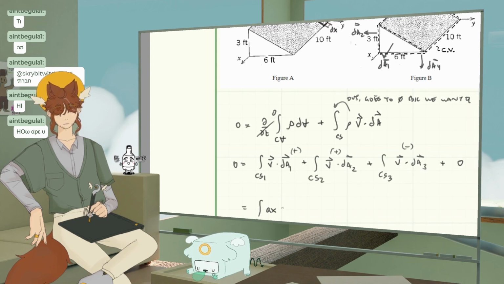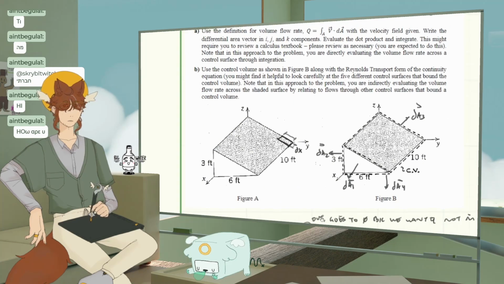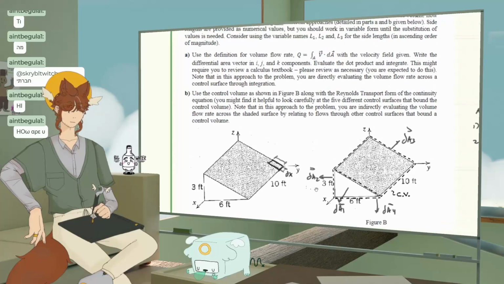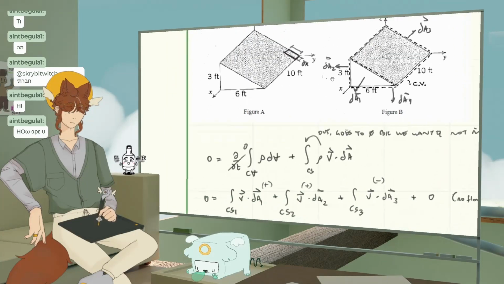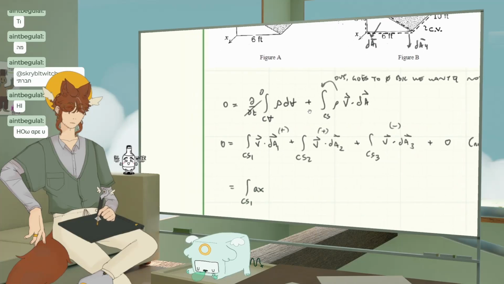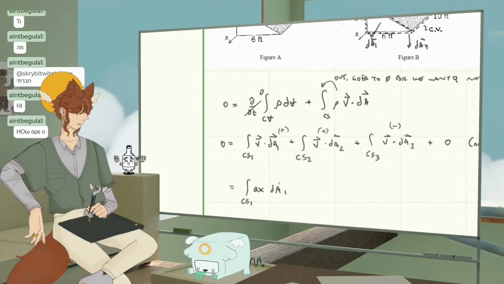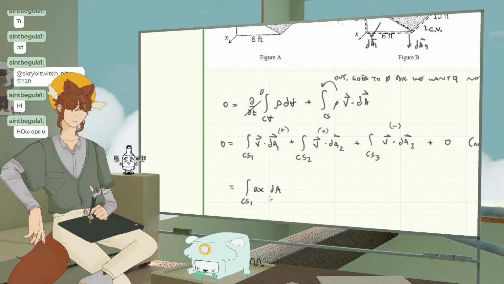But I don't know if it's AX dA1 still? Like the dot product, oh, this is very similar to the question I had in Cal. I think it's dA1 like that.